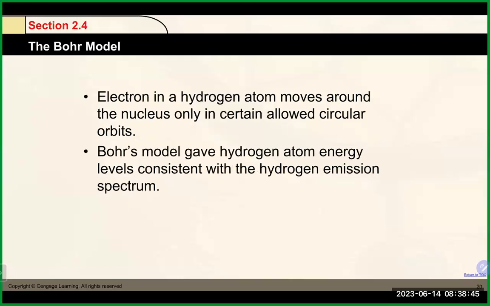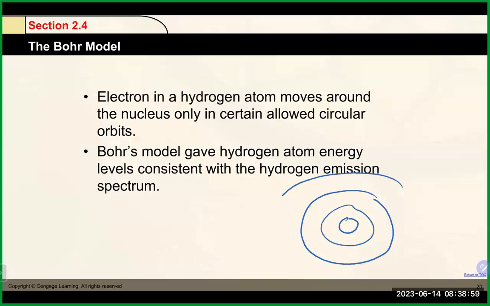And that is the Bohr model of the atom and the Bohr theory of the hydrogen atom, which is sometimes referred to as the planetary model. The idea there is what I just drew. You have your nucleus, and then you have these different rings, which are sometimes referred to in the Bohr model as orbits.